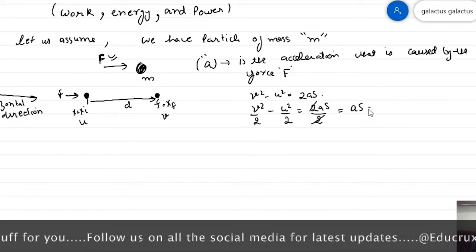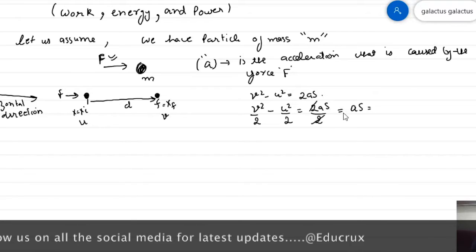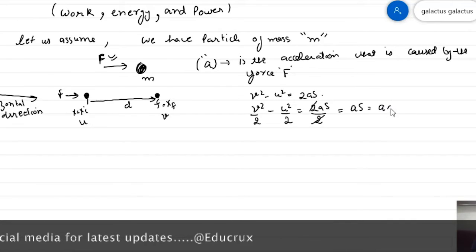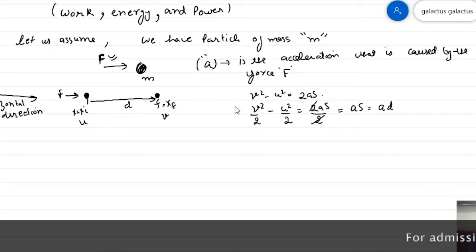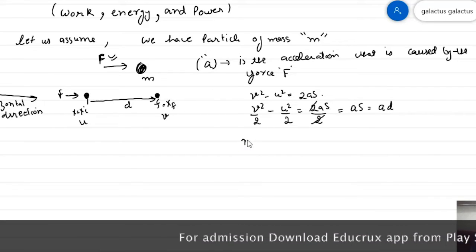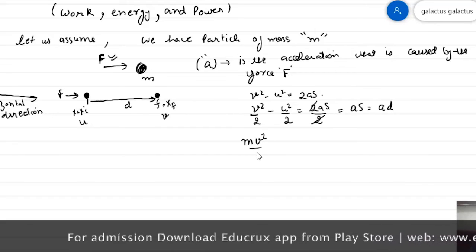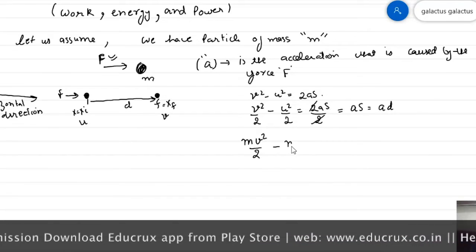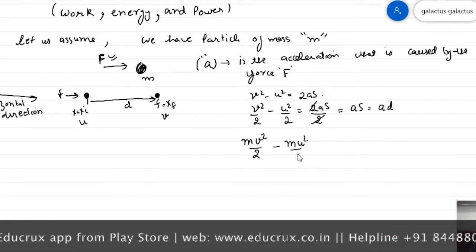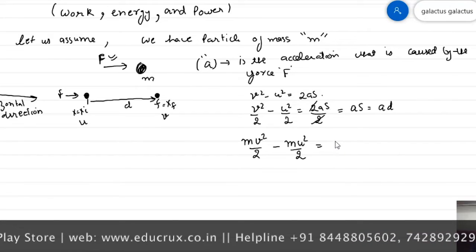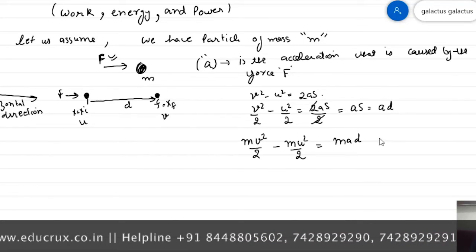So the distance traveled by the particle is a into d. So this is the form of our kinematic equation. Now if I multiply by the mass of the particle on both sides, I will get m v square by 2 minus m u square by 2 is equal to m a d.